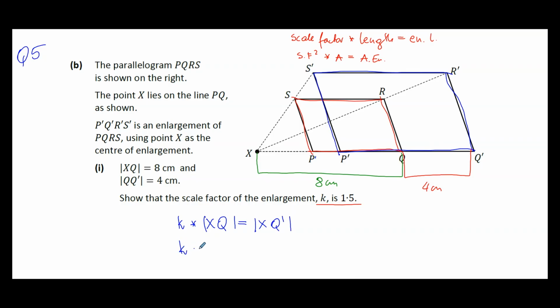So K will equal the enlarged length divided by the one that isn't enlarged. Putting in the numbers, the enlarged length, 8 and 4 together, is 12, divided by the not enlarged one, which is 8. We put that in the calculator and indeed we get 1.5. So yes, that was simple enough.